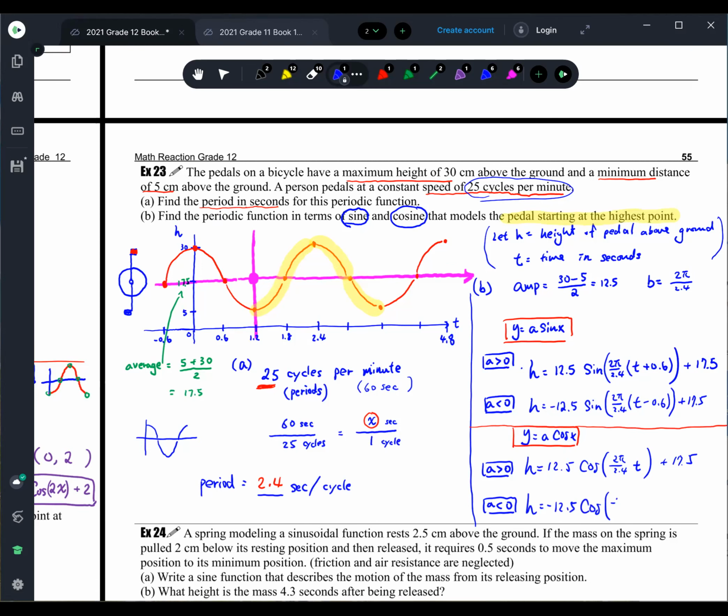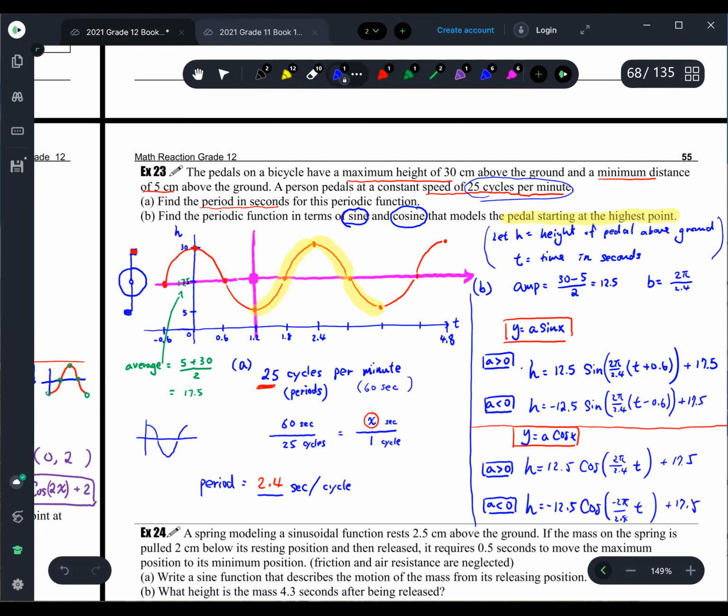Can you say again? Cosine and then bracket. What's after that? Minus 2 pi over 2.4t, bracket plus 17.5.